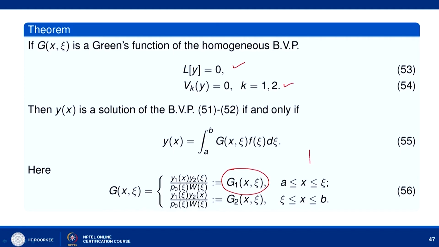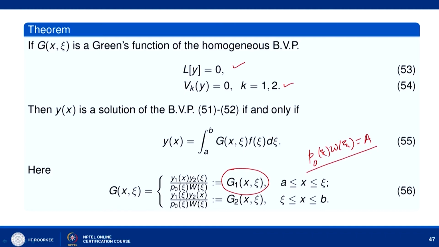Please note that this P0(xi) W(xi) is a constant, and we have already discussed how to get this constant using Lagrange's identity.